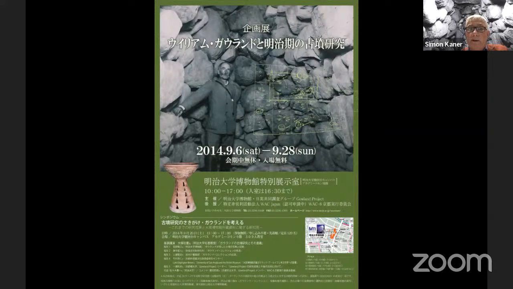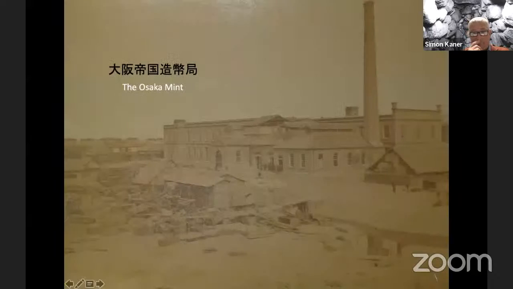And the Gowland project that we've been running for the last 10 years or so is now starting to deliver results. Here we have a poster for an exhibition held at Meiji University in Tokyo back in 2014, which had some large-scale reconstructions of Gowland and the tombs that he was investigating.